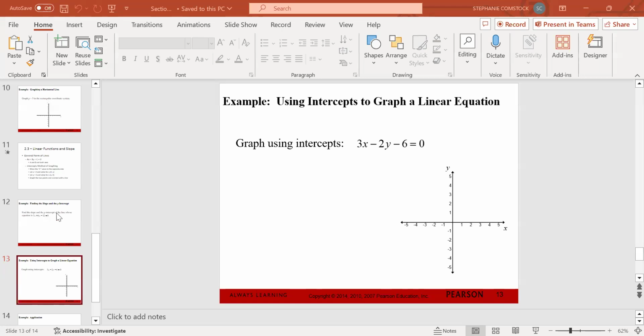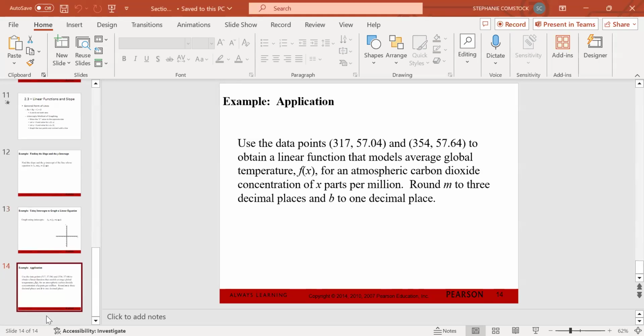One more thing that we have to look at for this is going to be an application. They want us to use the data points 317 and 57.04, and 354 and 57.64, to obtain a linear function that models the average global temperature for the atmospheric carbon dioxide concentration in x parts per million.